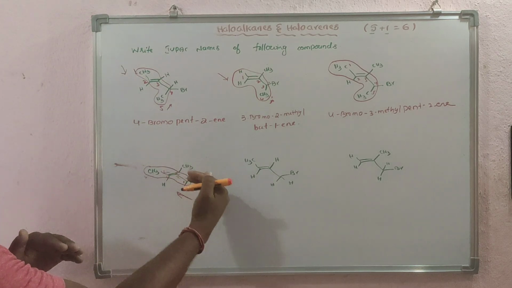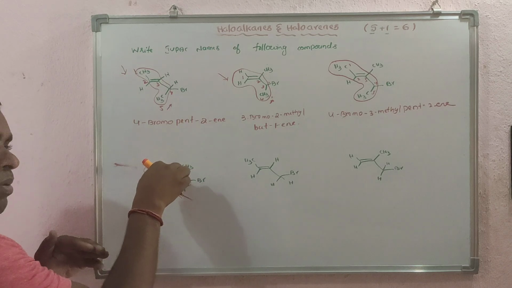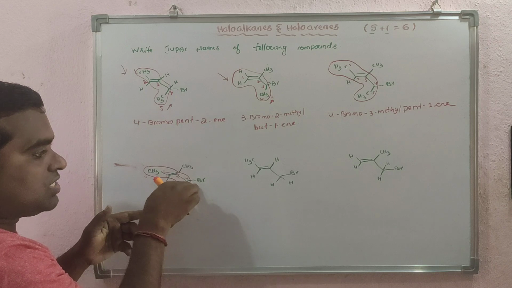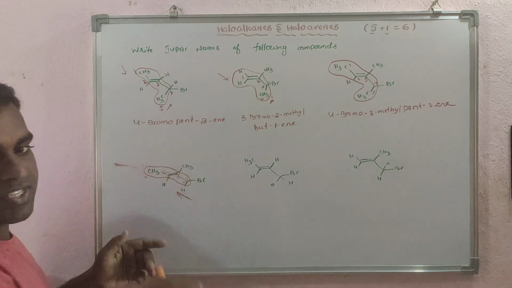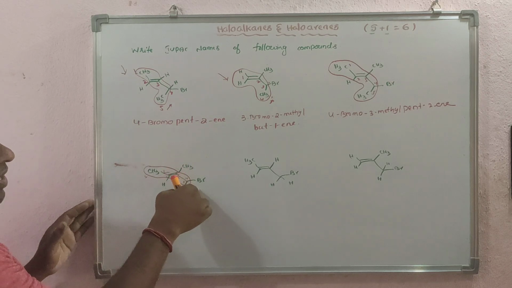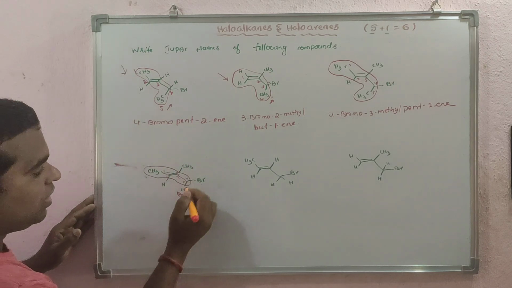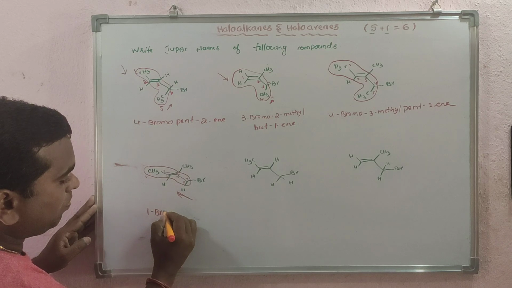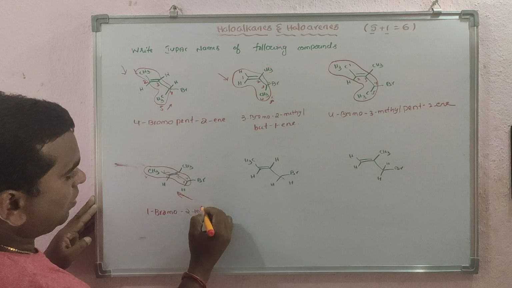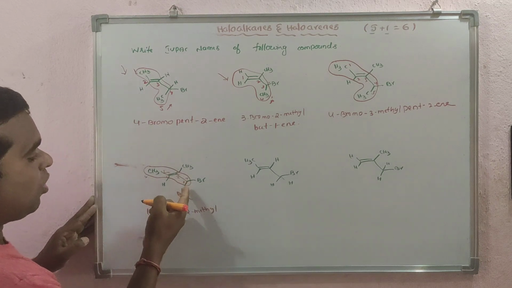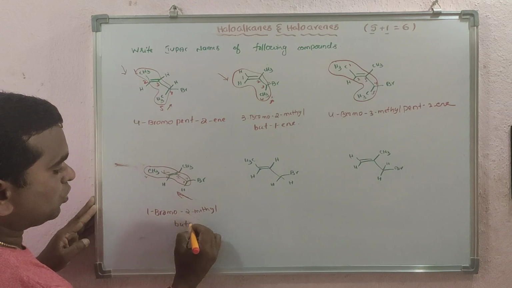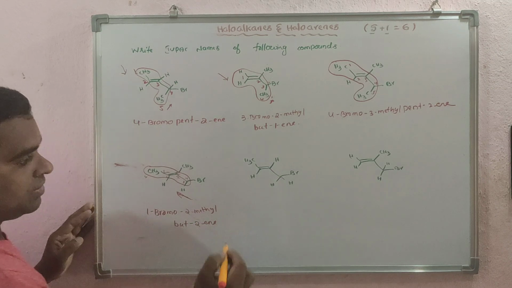If you give it in this way, bromine also gets the lowest number, so the sum of the locants is lowest. So what you have to write here: 1-bromo and 2-methyl, 1-bromo-2-methyl. How many carbons? 1, 2, 3, 4, so but-2-ene.